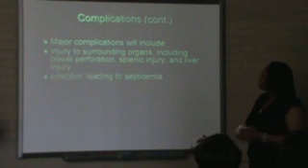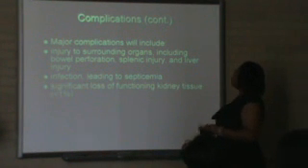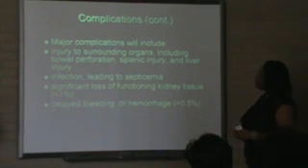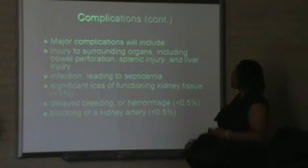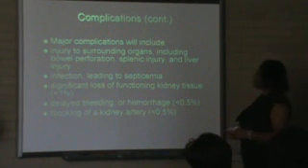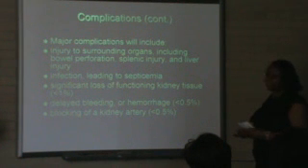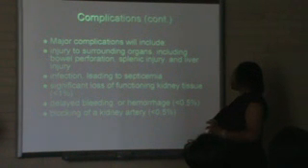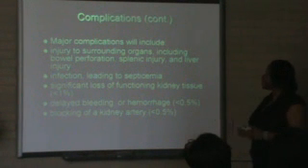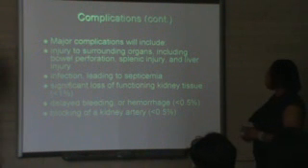The major complications include injury to surrounding organs, bowel perforation, splenic injury, liver injury, infection leading to septicemia, loss of significant kidney function, which is less than 1%, delayed bleeding or hemorrhage, which is less than 5%, and a blockage of the kidney artery, which is less than 5%.